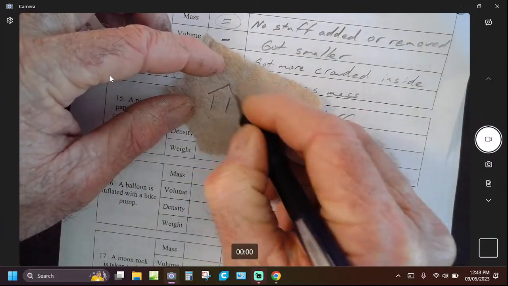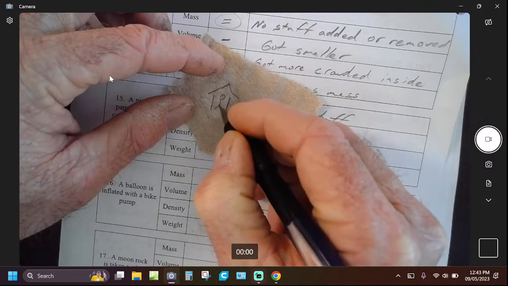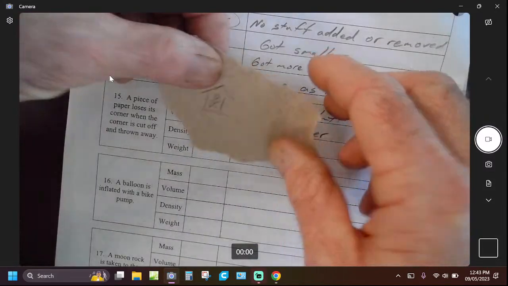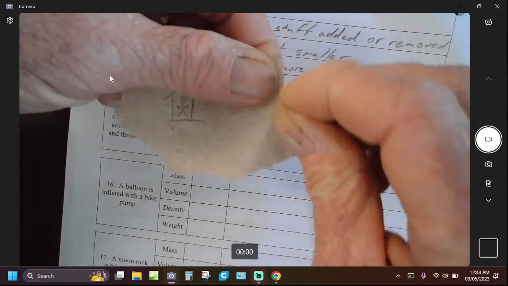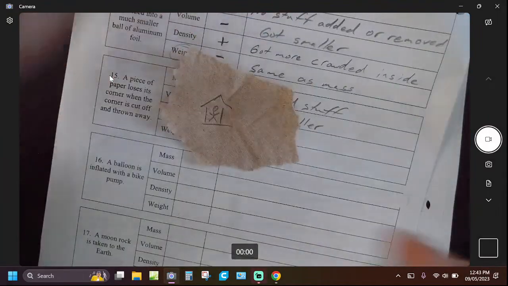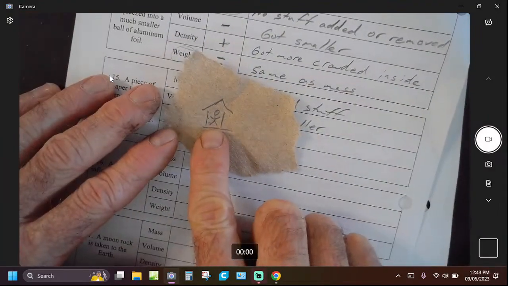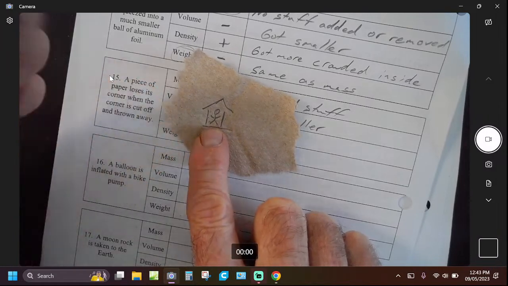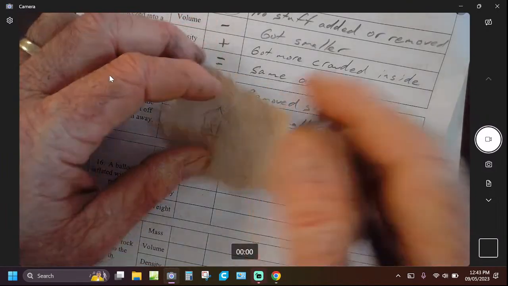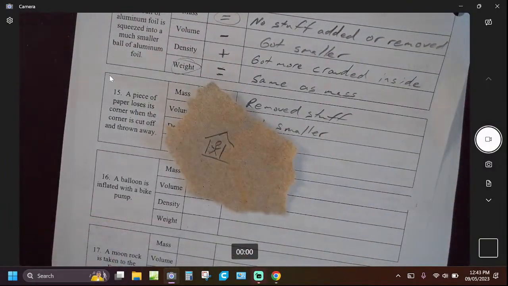There's me. I won't put you in this house. There. Somebody's living in that house inside the paper towel. I remove a piece of the paper towel from over there. Is that person more crowded or less crowded? Well, the same. Yeah, so here I guess maybe this is what I'm getting at. Based on your answers, I need to draw a new picture.